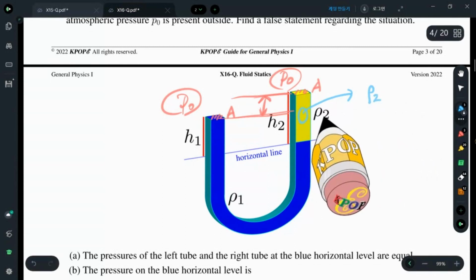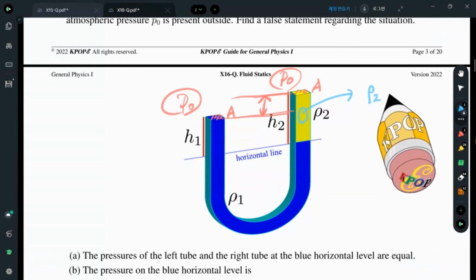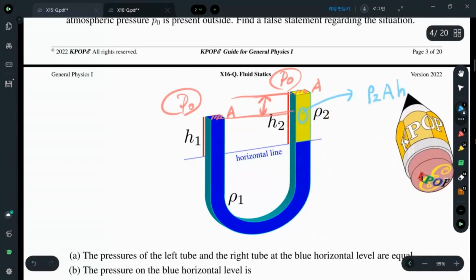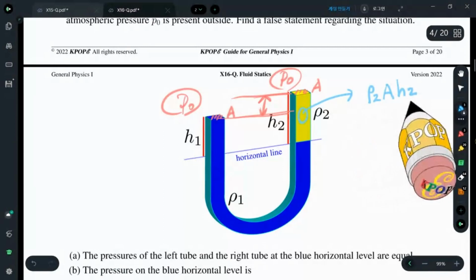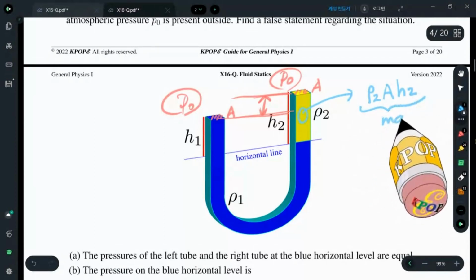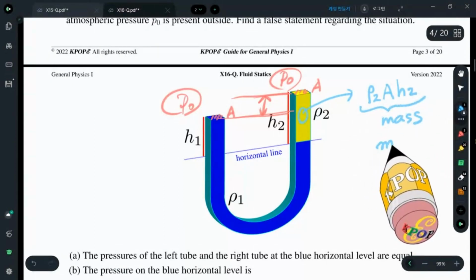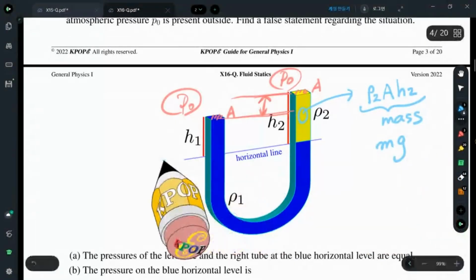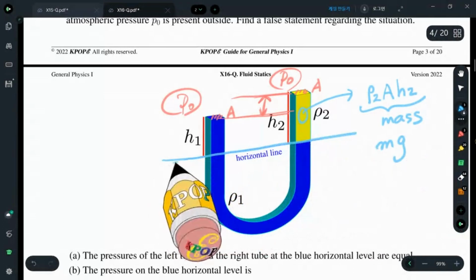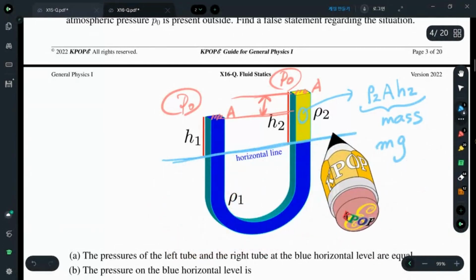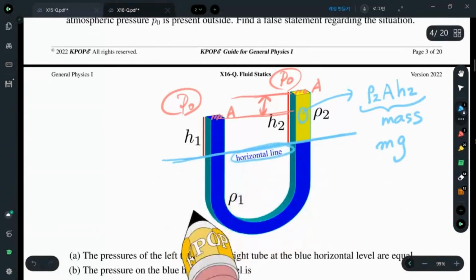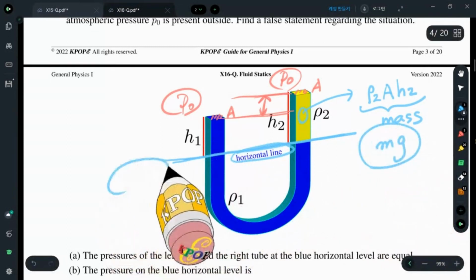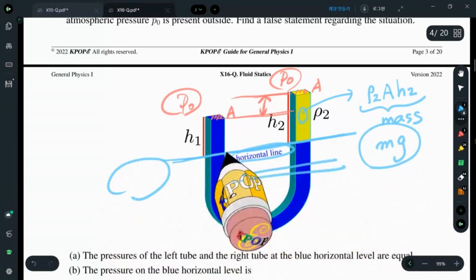Rho 2 times the volume, cross-sectional area and height h2, is the mass. So mass times gravitational acceleration is necessary. And here, they are in equilibrium at the same height, the horizontal line. So this amount of weight should be equal to this amount of weight.